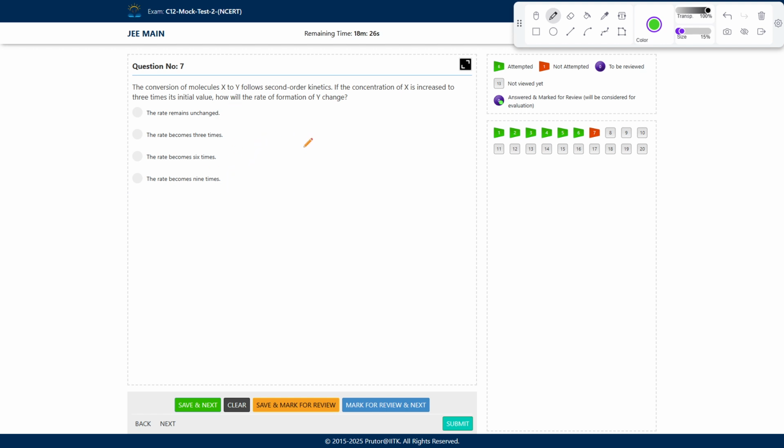So if we solve, you have to consider the rate law here. The rate law is given for a reaction as, here we have the reaction that X is converting to Y. X is reactant, Y is product, right? So the rate law for this reaction is going to be rate equals k times the concentration of X, right?